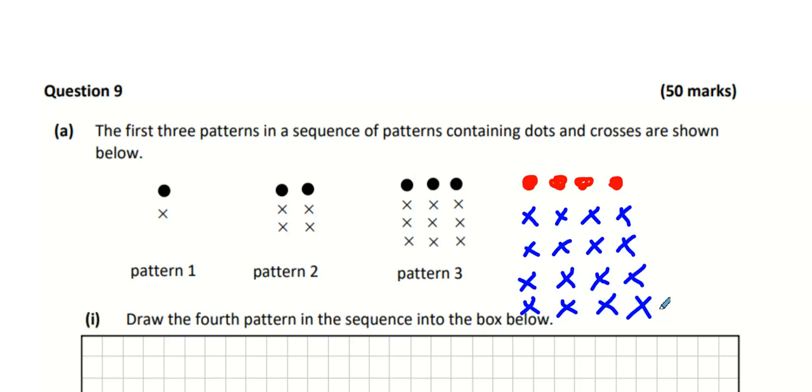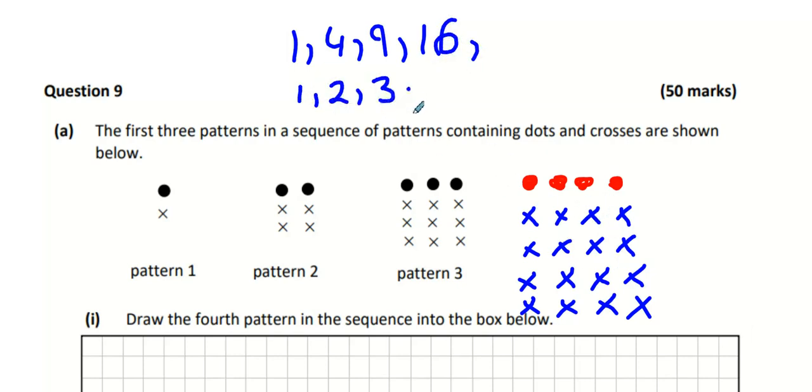Add 1 onto the dots and the x's are 1, 4, 9, and then 16. The x's are squared numbers. 1, 4, 9, what's it? 16, isn't it, for the x's? And then just 1, 2, 3, 4 for the dots. Is that okay?